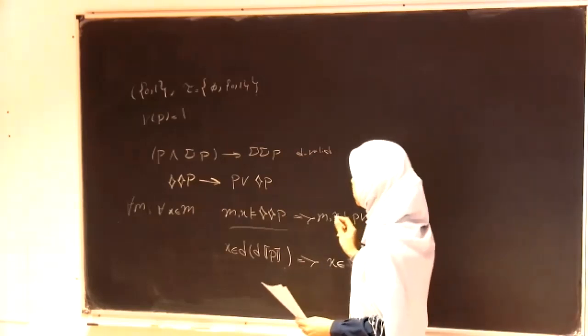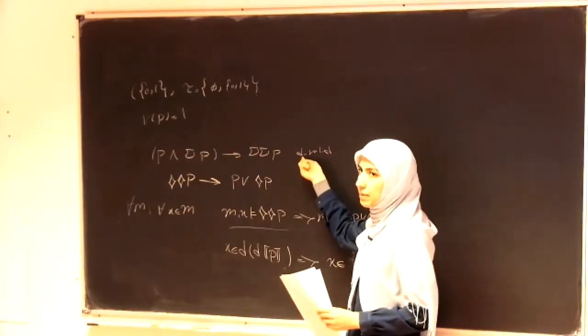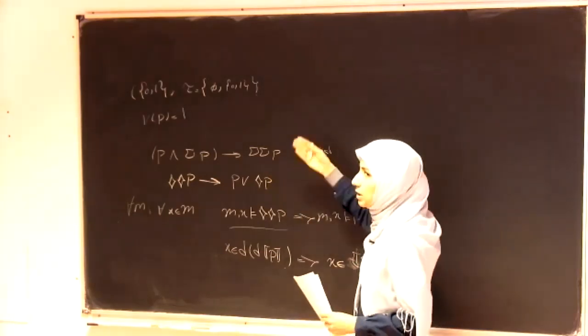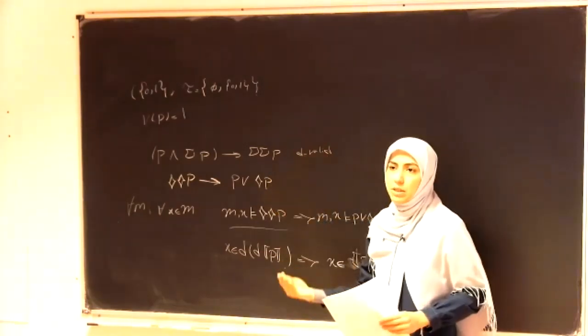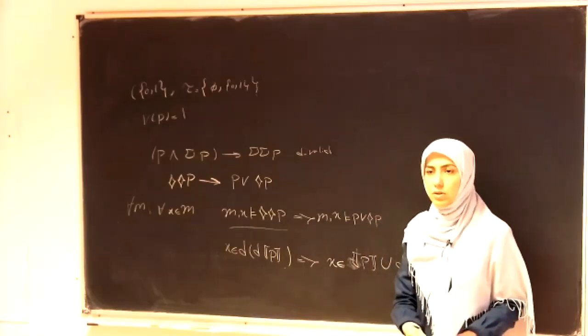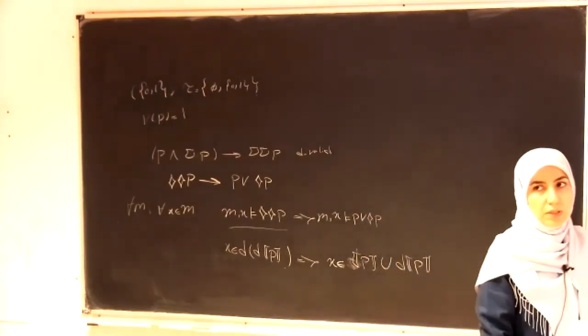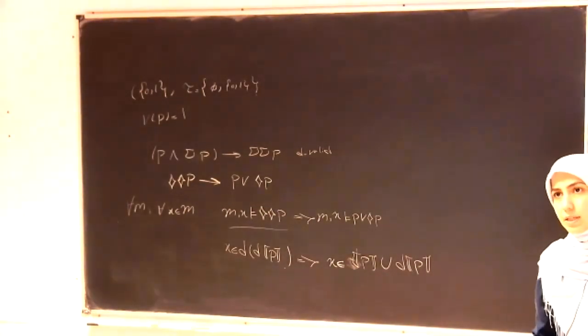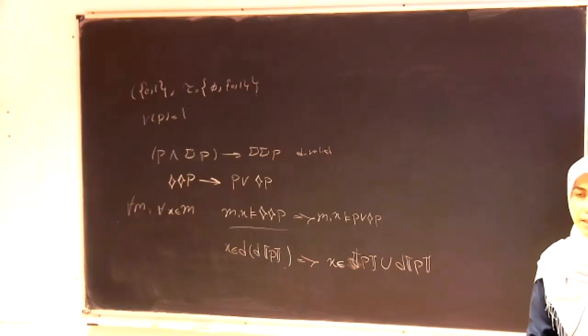Sometimes to mention that we work with d-semantics or c-semantics, we say it's d-valid or c-valid, but when it's clear from the context, we just say valid or satisfiable.